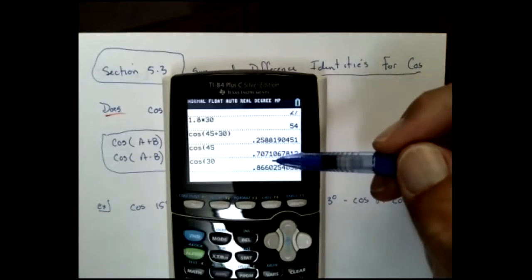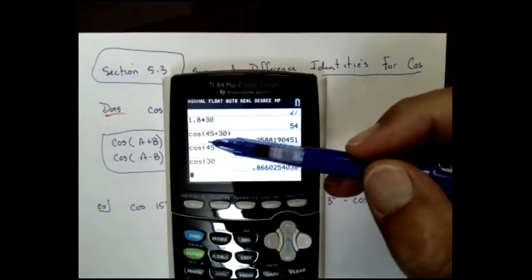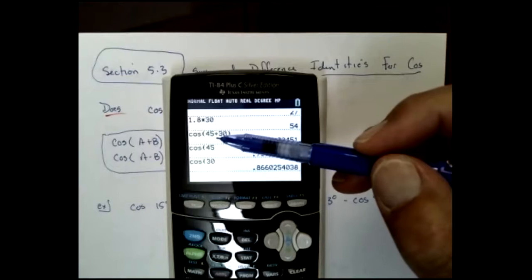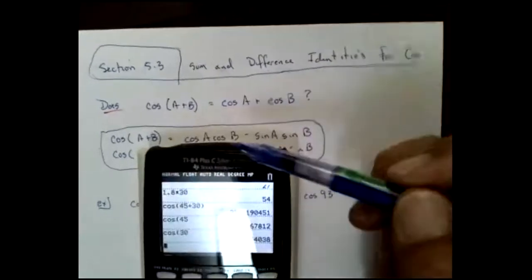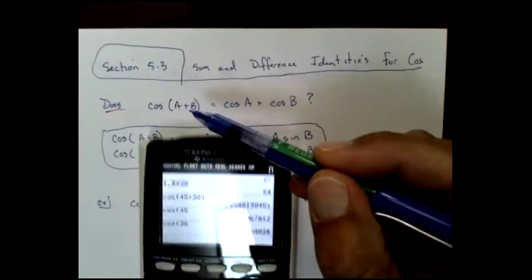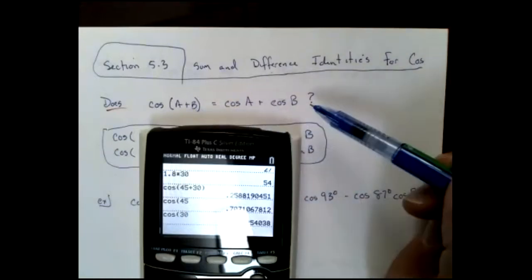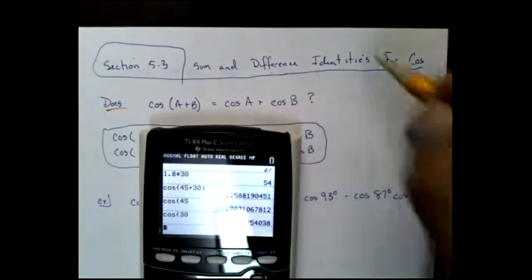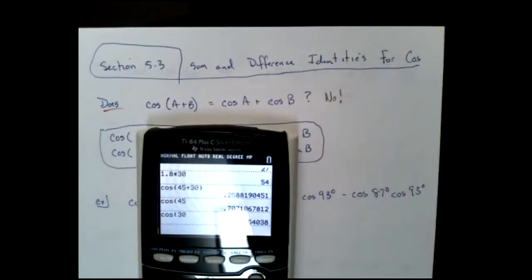So that's not distributed. Quick example, I just picked 2 numbers, and the cosine of 75 does not equal the cosine of 45 plus the cosine of 30. So one of the things to remember, the cosine of A plus B is not equal to cosine A plus cosine B. So no, heck no, no with an exclamation point. Don't be trying to distribute that.